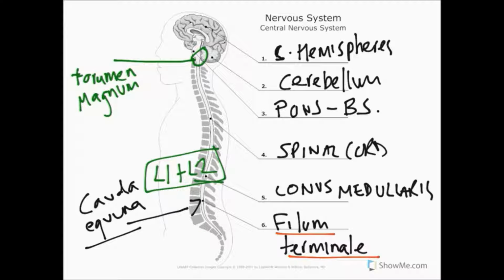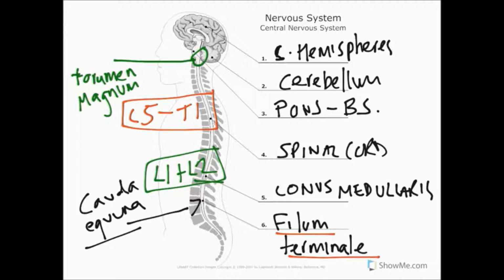There's a cervical enlargement which occurs between C5 to T1, and you will learn about this in more detail in practical sessions to come, because this is where the brachial plexus emerges in order to supply the muscles of the upper limb. So that's between C5 and T1.